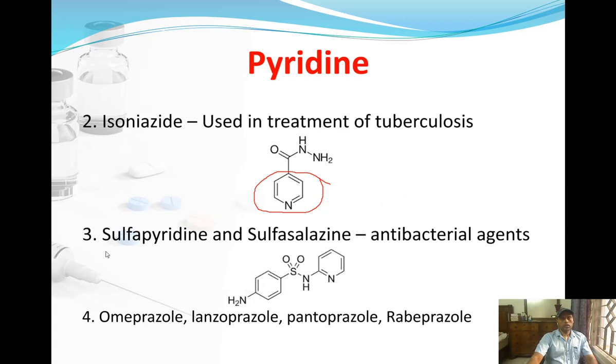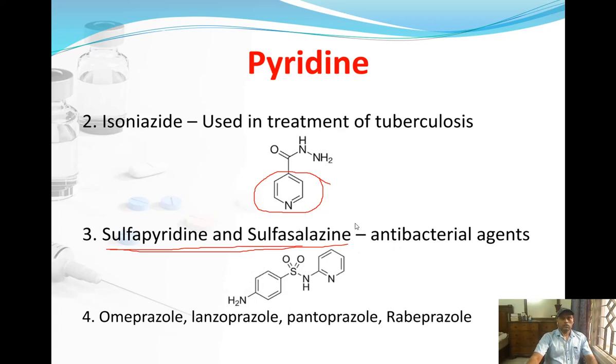So next is sulfapyridine or sulfasalazine. These are sulfa products. So these are antibacterials, right?